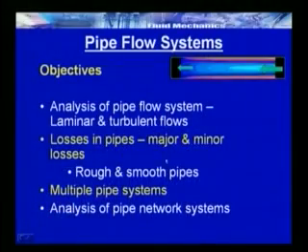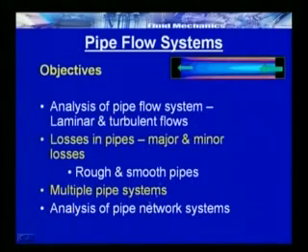As far as pipe losses are concerned, we will discuss rough pipes and smooth pipes in detail, and then the multiple pipe systems: pipes in parallel, pipes in series, and branched pipe systems, etc. And then finally we will discuss the analysis of pipe network systems.